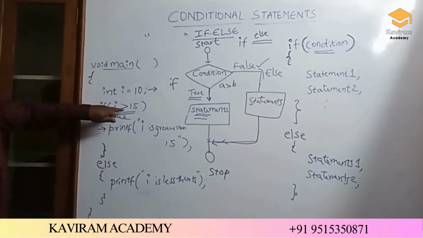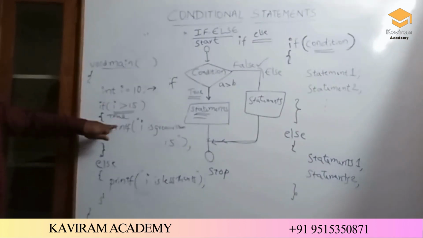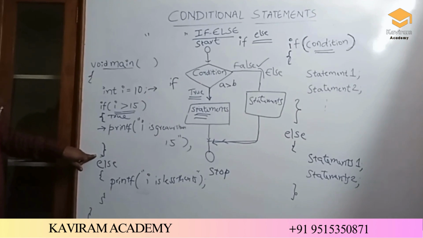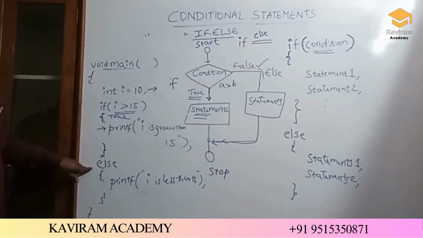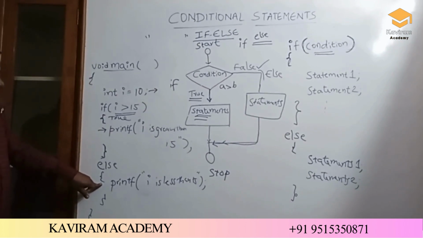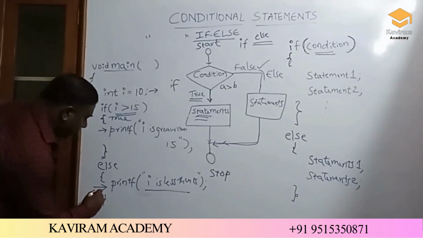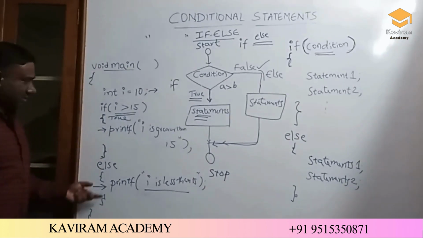Is 10 greater than 15? No. So the condition is false. It will not execute this printf statement. It will come out of this if case. Here it will see else. Yes, the condition is false. It will come to this statement and print i is less than 15. So this statement will be executed by your C processor.